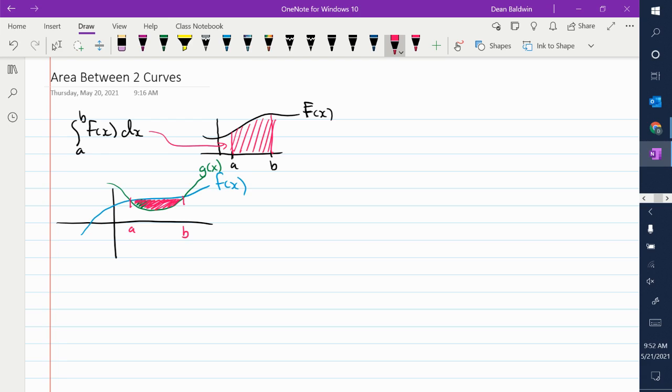That's it. That's exactly what you do. All right, you find the area under the top curve, which would give you all of this, right? And then you subtract the area under the bottom curve.